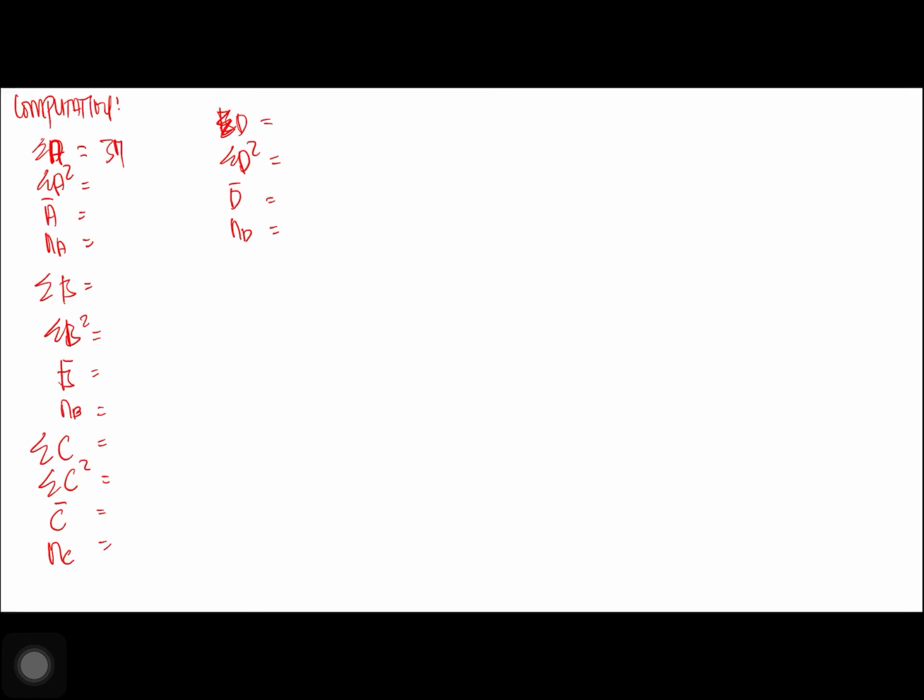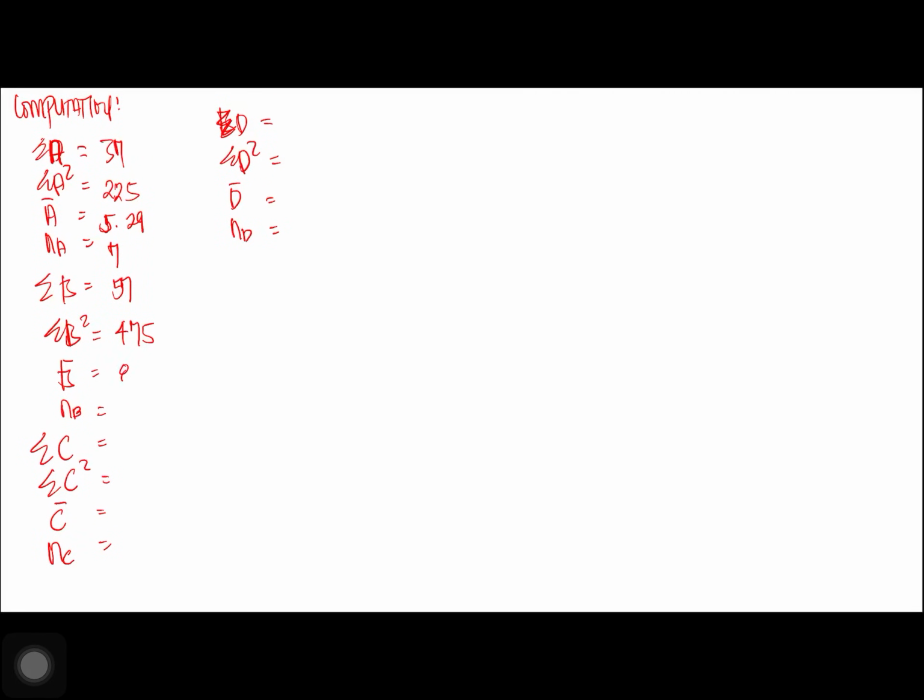So, for the summation of A, that is 37. Summation of A squared, we have 225. A bar, or the mean of the values for group A, we have 5.29. And then for NA, the number of values, we have 7. For the summation of B, we have 57.